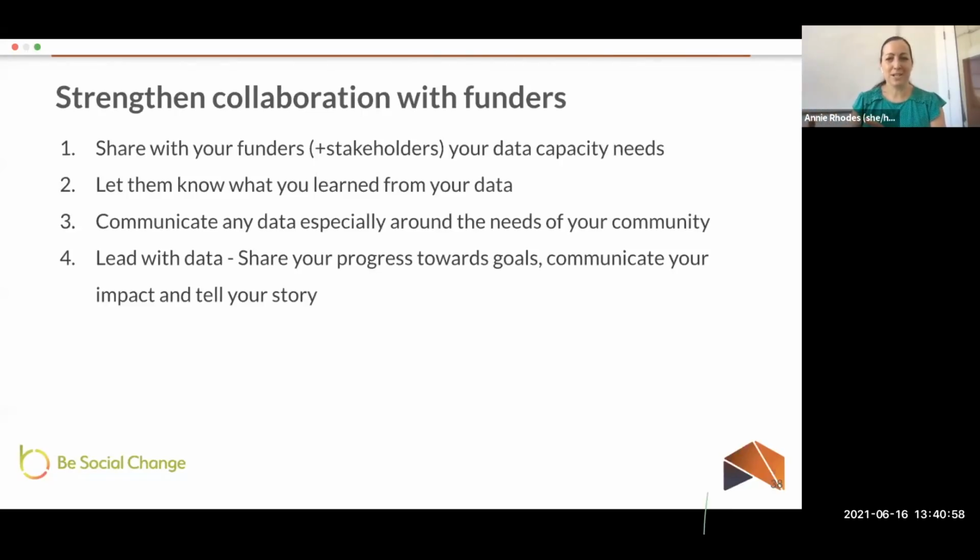And I apologize if there's any funders on the line today, but you're educating them, and that leading with data also gives them an opportunity to have a clear understanding of what they're investing in with you and where that investment will go. And we're going to continue to see that as a need with funders going forward.